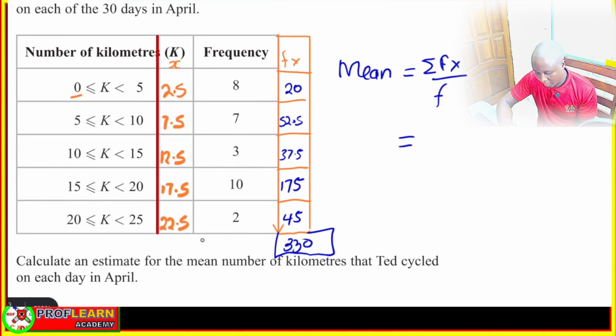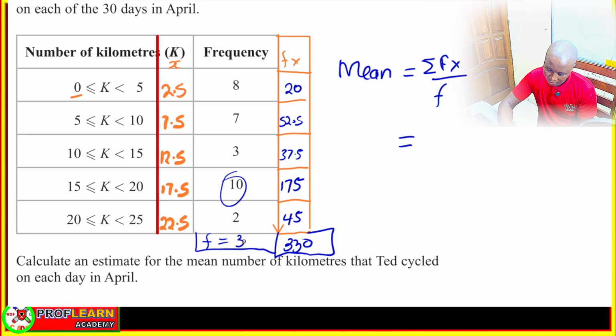And this is going to be divided by the summation of frequency. So we need also to find the total f. For this case, this is going to be 15 plus 3, that is 18, plus 10. Sorry, I think I need to confirm if I've added properly.